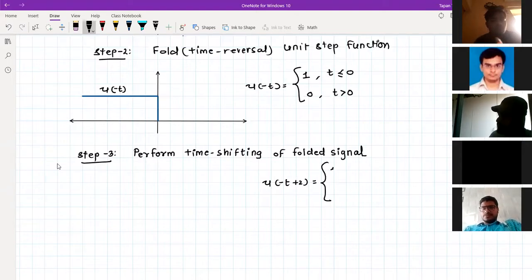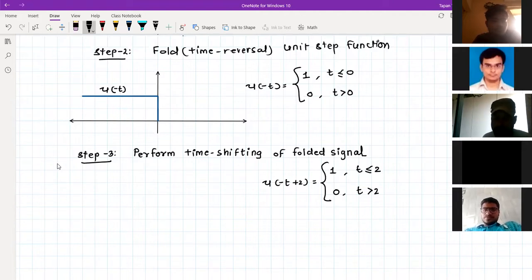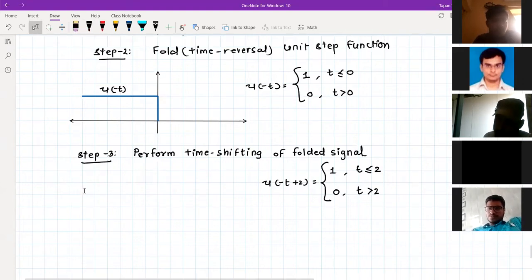So then you can say that 1 for t less than or equal to 2, and 0 for t greater than 2. Okay?